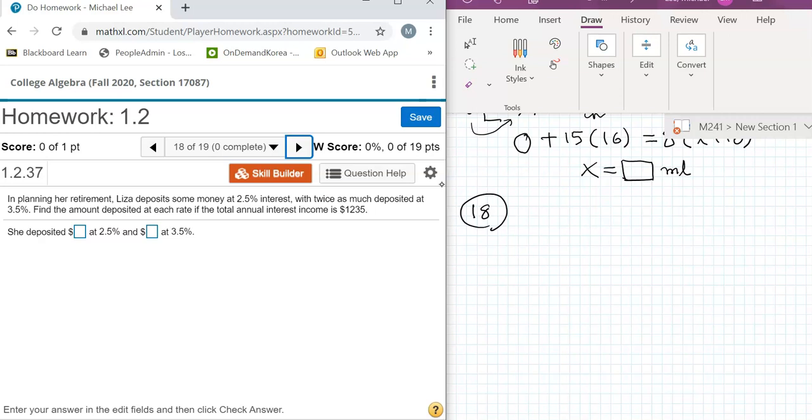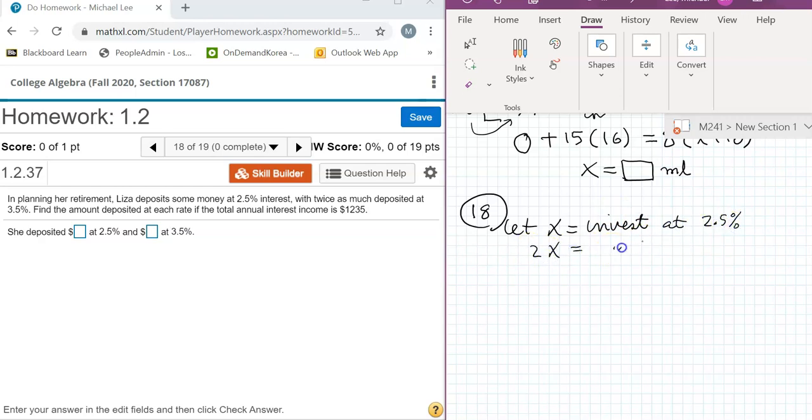So let X be the first investment at 2.5%. Then she said twice that is invested at 3.5%.